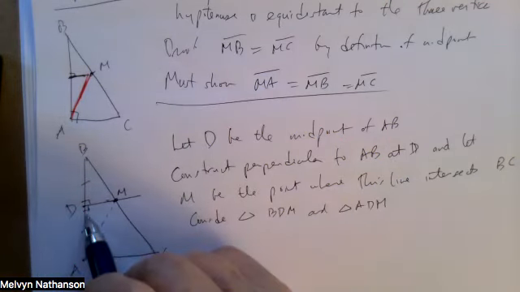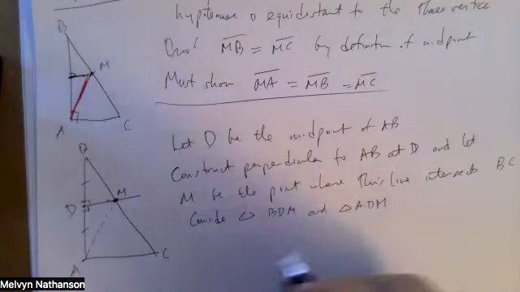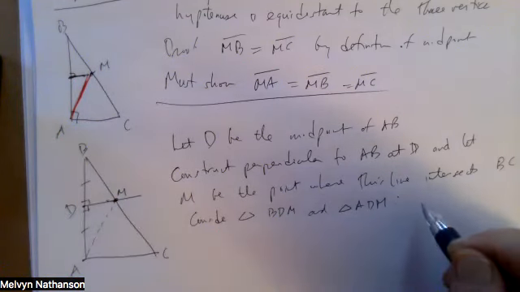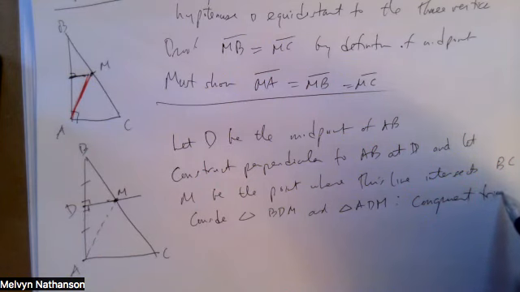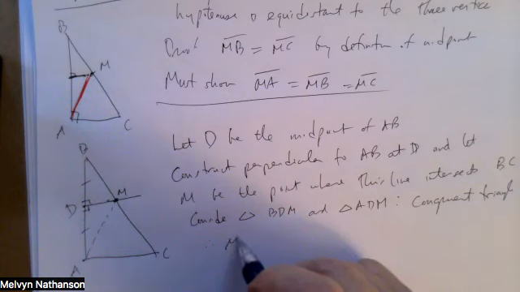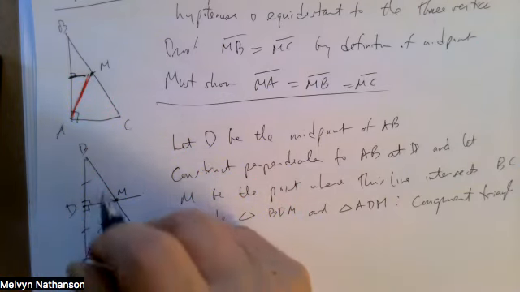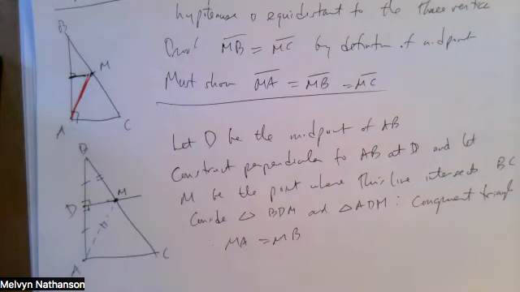So these are right triangles. These sides are the same. They share this side. So by side angle side, these are congruent. So MA equals MB.